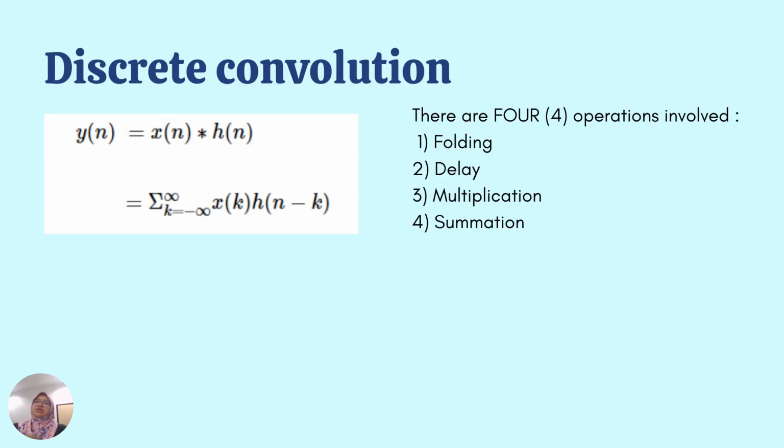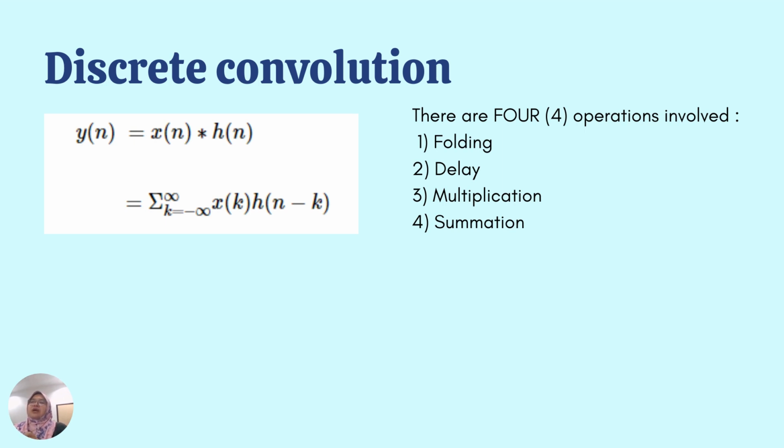And then in discrete convolution, so it's given by y n equals to x n convolved with h n, x n being the input and h n being the system. Okay, so there is 4 operations involved in this process of convolution: the folding, the delay, multiplication and summation. Okay, when you tengok dia punya persamaan mathematics dia.